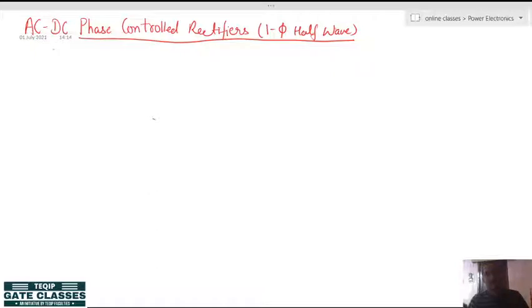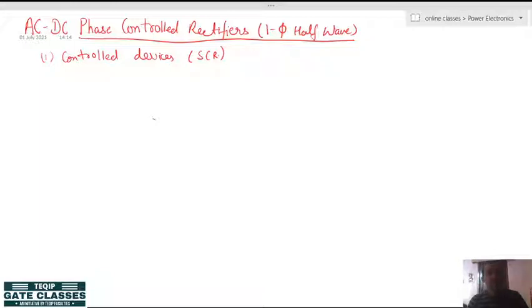Why are they called phase controlled rectifiers? First of all, they use control devices such as SCR, so we have to use the properties of SCR for understanding the working of these rectifiers.